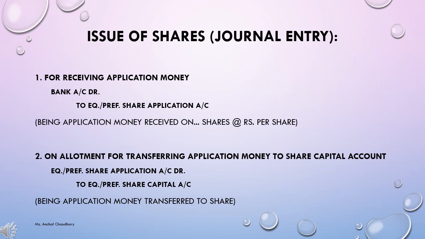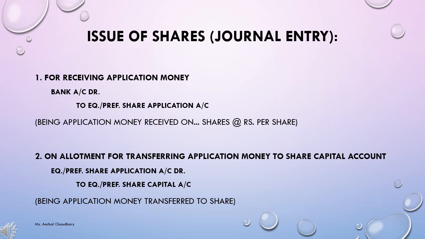Next is on allotment, for transferring application money to the share capital account. The journal entry will be equity or preference share application account debit to equity or preference share capital account. So this will be your transferring entry.